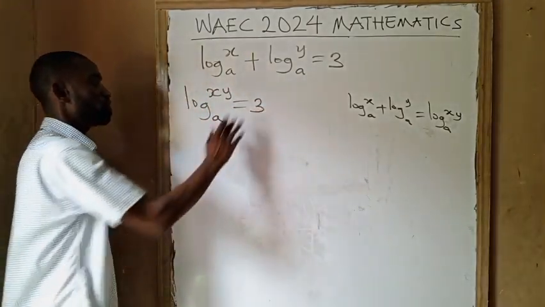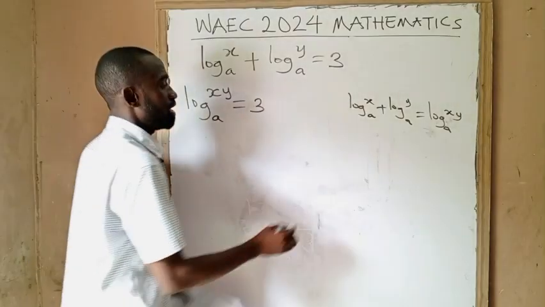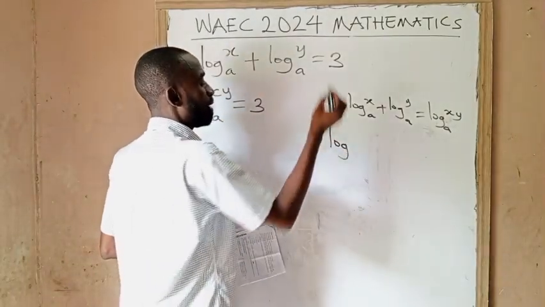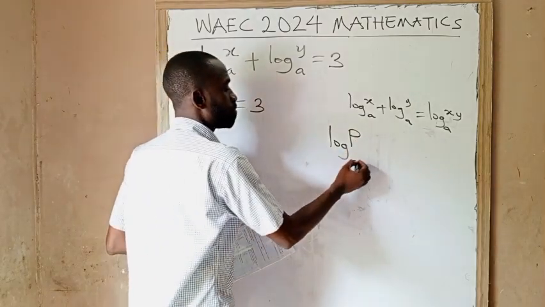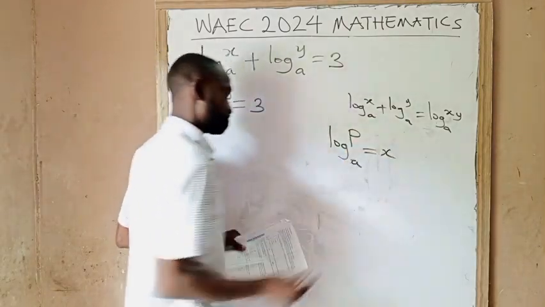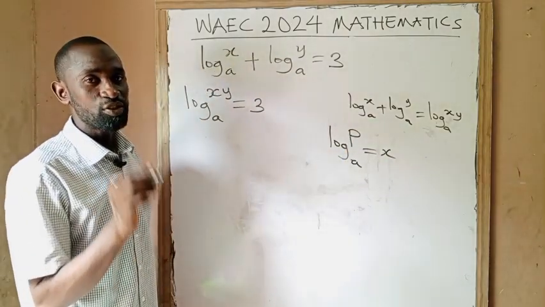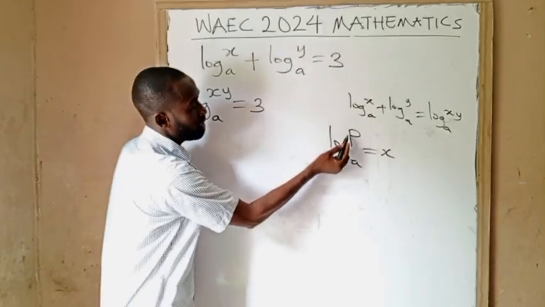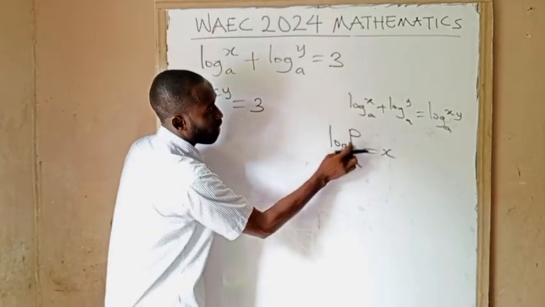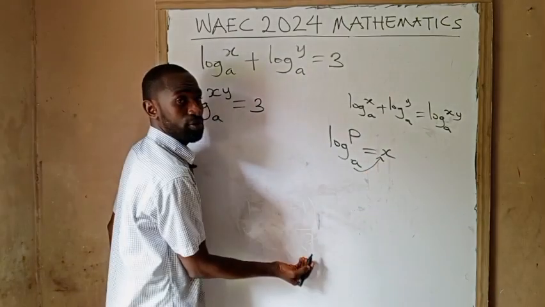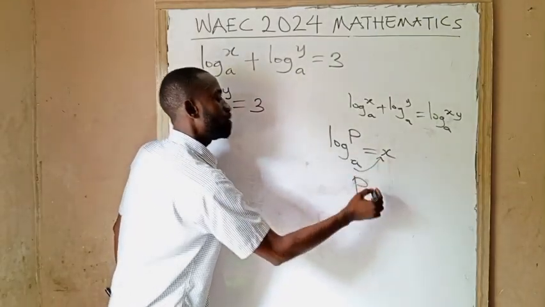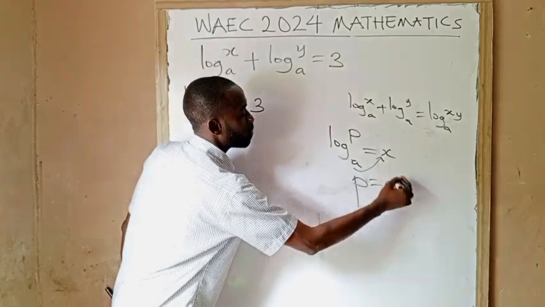Now, from the law of logarithm, if I have log of a number, let's assume the number is p, to base a equals x. Under the definition of logarithm, log p base a equals x. If I want p to stand alone, this a will raise this x up, which implies p equals a raised to power x.